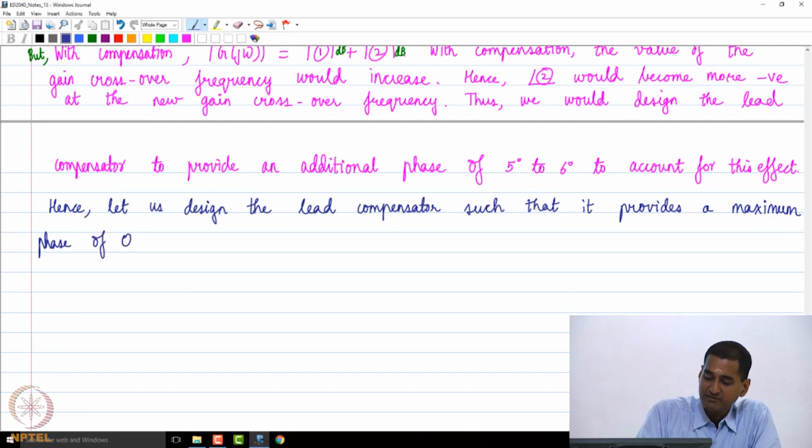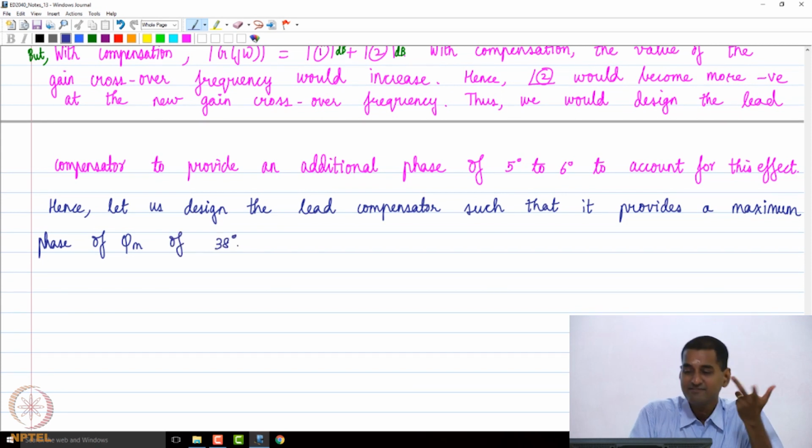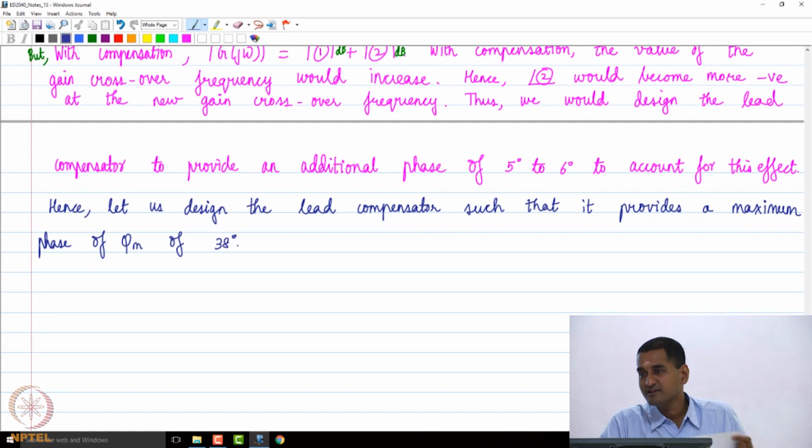You remember what phi m was, right? Phi m was the maximum phase contribution for the lead compensator factor, okay. So, of 38 degrees. Let us say we add 6 degrees to 32 degrees. Let the lead compensator provide a maximum phase of 38 degrees, okay. That is what we are going to design for.